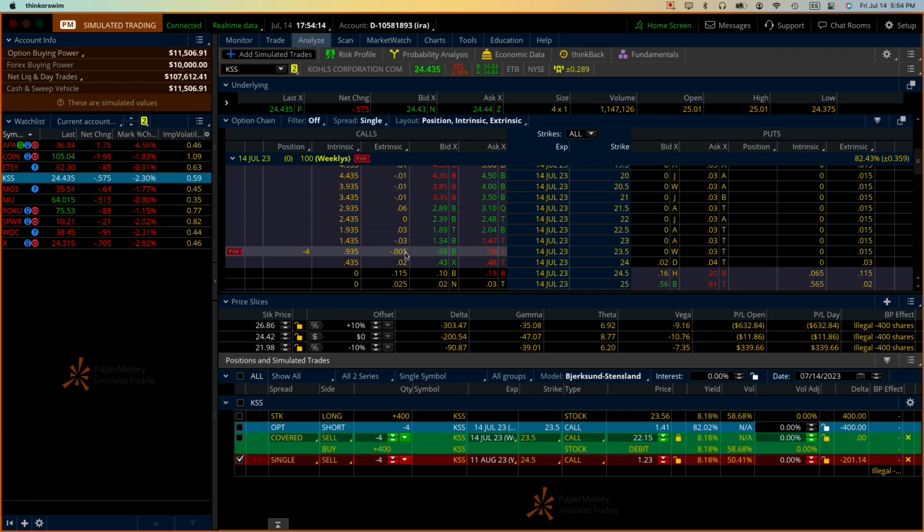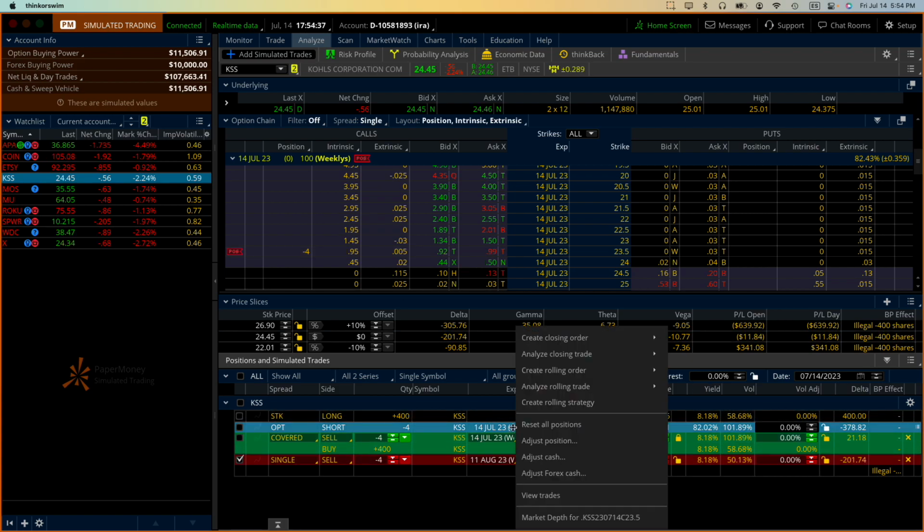As I told you before, the extrinsic value goes to 0, so you get to keep that original extrinsic value. Of course, the intrinsic value is reflected in the price of the stock. So that goes up, goes down, it doesn't matter. Eventually, it balances out, but you always get to keep your option extrinsic value. So let's roll it over, analyze rolling.